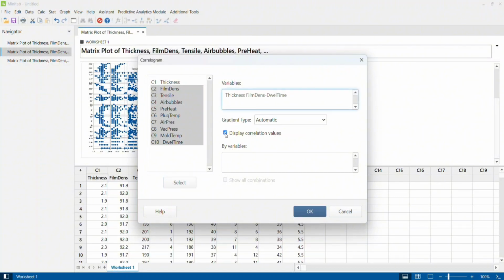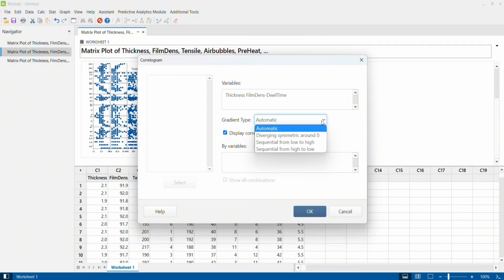Now there is a tab here which says Display correlation value. So I'm going to put a tick mark on this. And here I kept it as automatic, but the best way is to keep it as diverging symmetric around 0. Why is diverging symmetric around 0 the best way, rather than automatic or sequential high or sequential low?